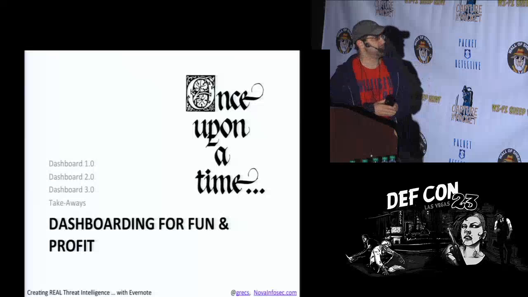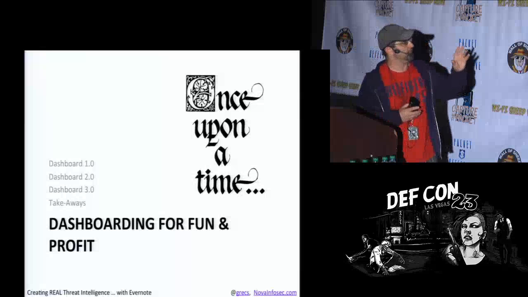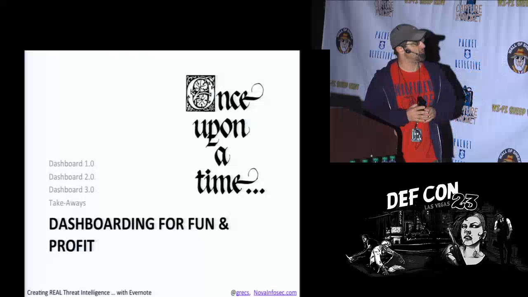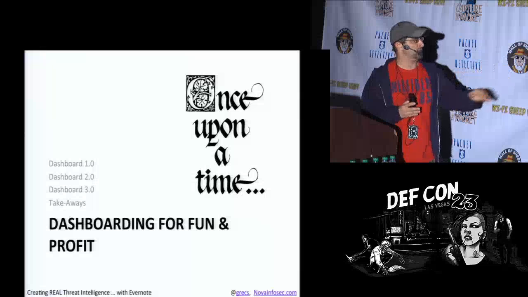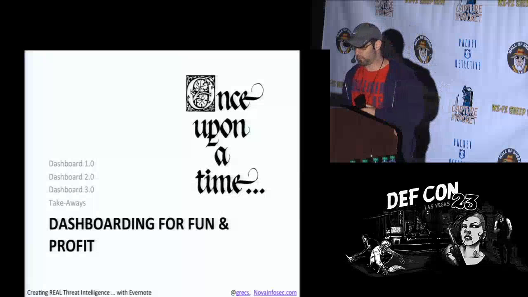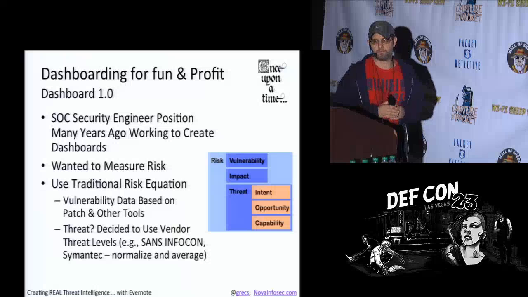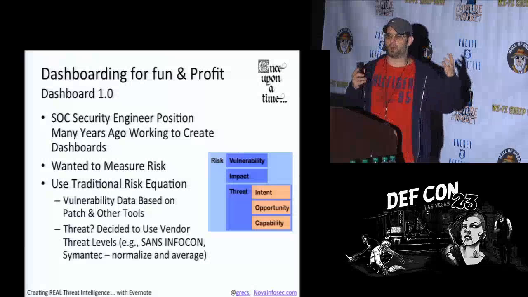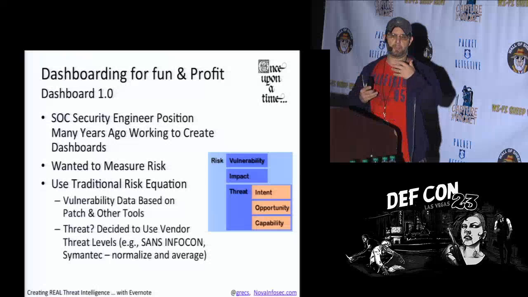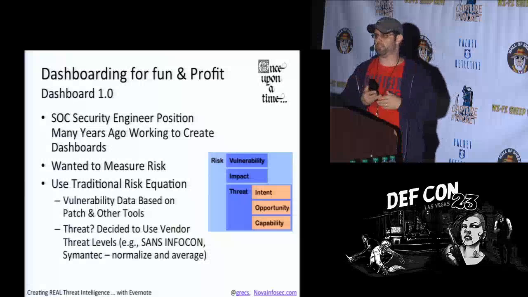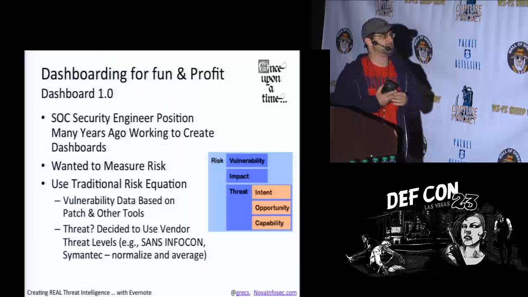All right, so this is a little boring, but how this whole thing started was way back in the day, I was assigned this task where I was going to do dashboarding. This was for a SOC, and they essentially wanted a dashboard so that management could go to it and get a view, and they could see graphs and see what their risk is.